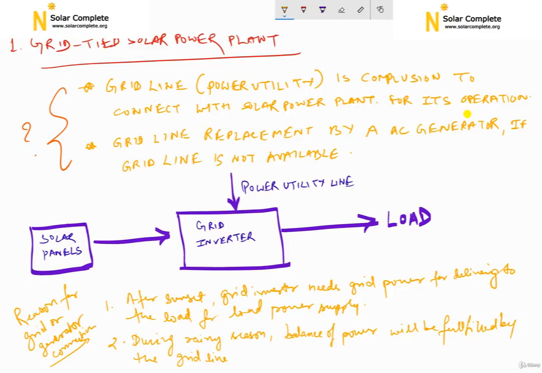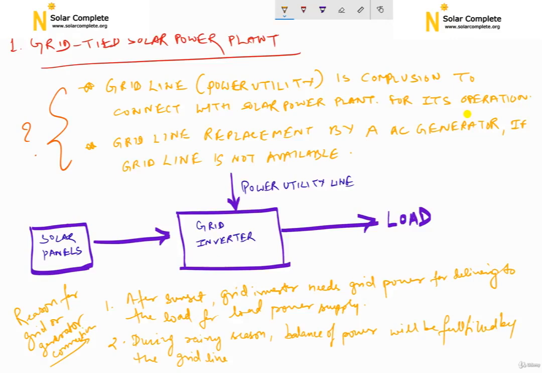Now when you connect the generator, the power rating of the generator should be 3 times greater than the capacity of the solar power plant which is installed. This is the thumb rule. Power rating should be 3 times of solar power plant capacity.